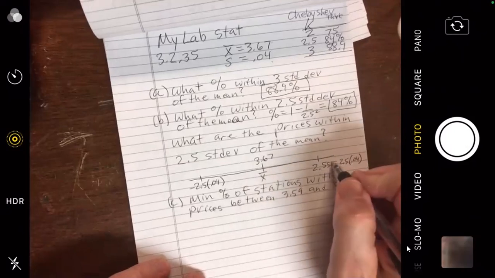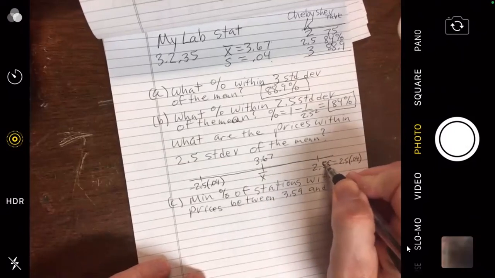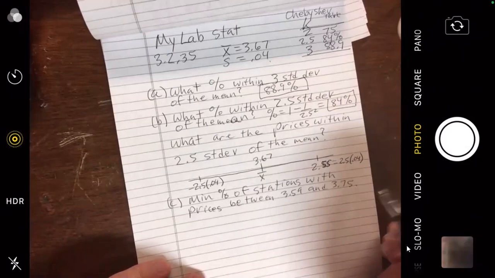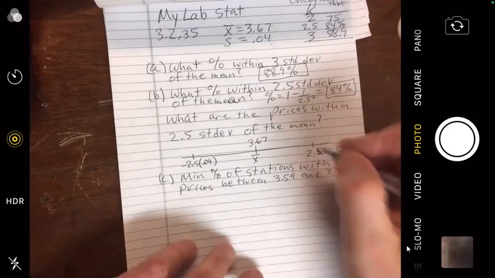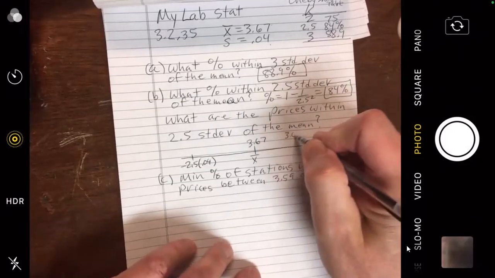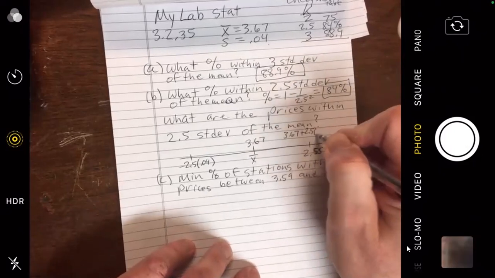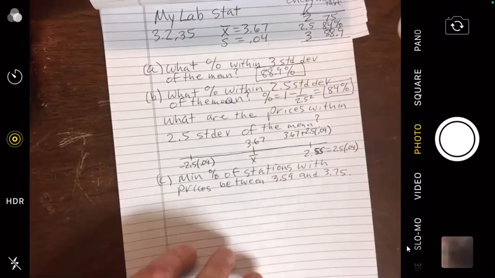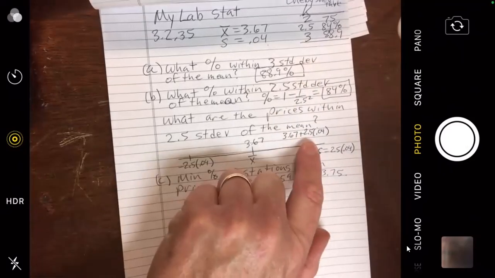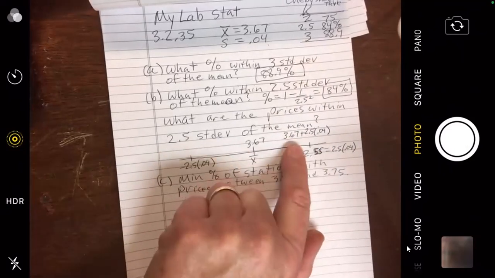This is an S. That's a 5. So this number is going to be 3.67 add 2.5 times 0.04. 2.5 standard deviations, so 2.5 times the standard deviation, but added to the mean.